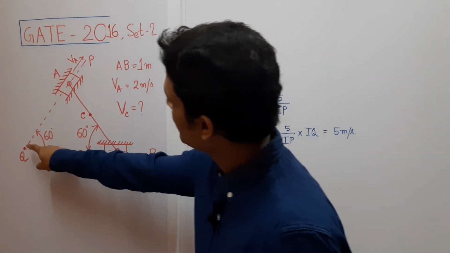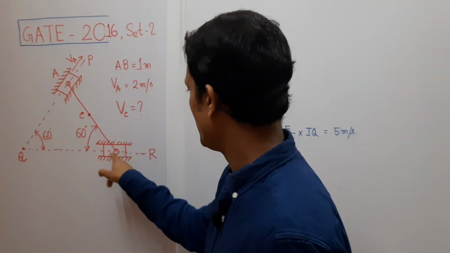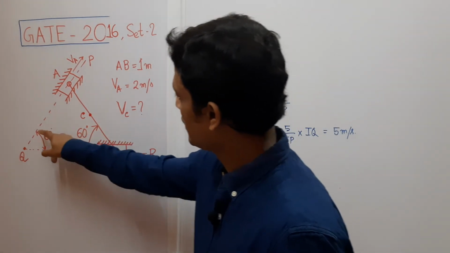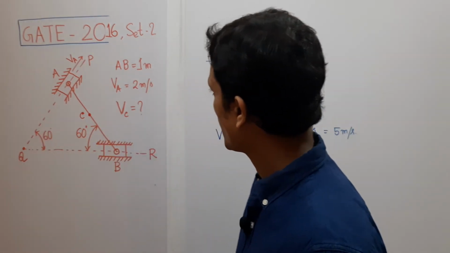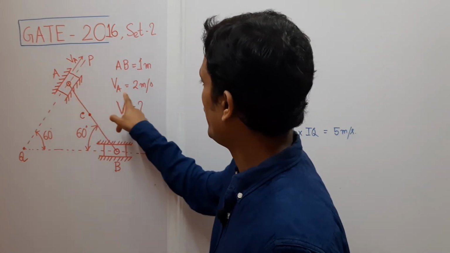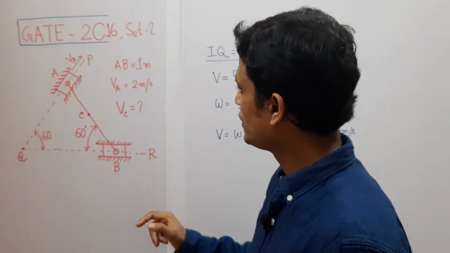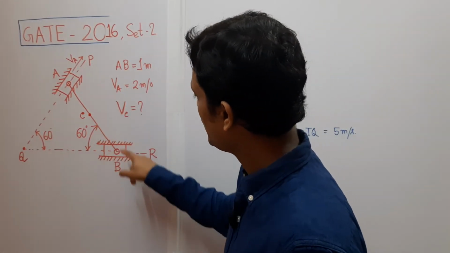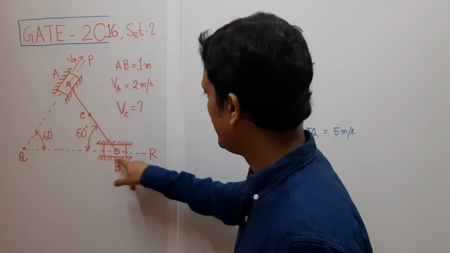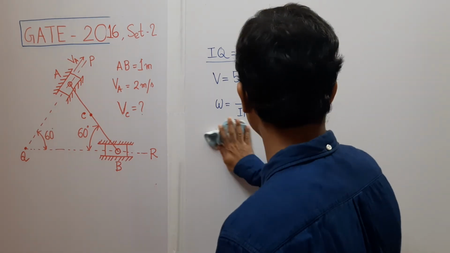Slider A can move along QP and slider B can move along QR. Two angles are given, these two are 60 degree, and the velocity of slider A, that is velocity at point A, is 2 meter per second. You have to determine the velocity of the midpoint, say point C, of the rigid link AB.